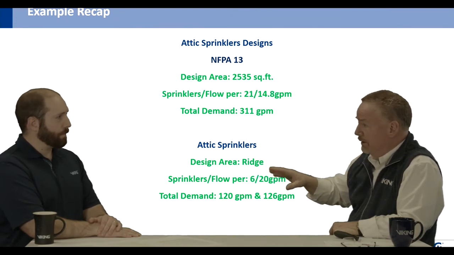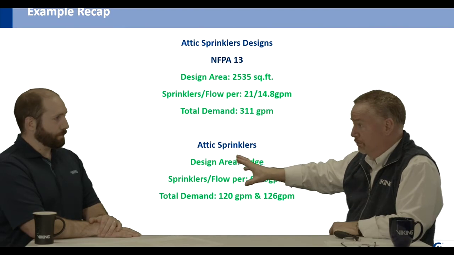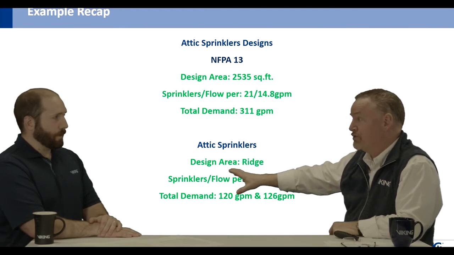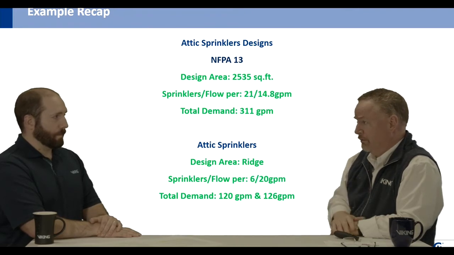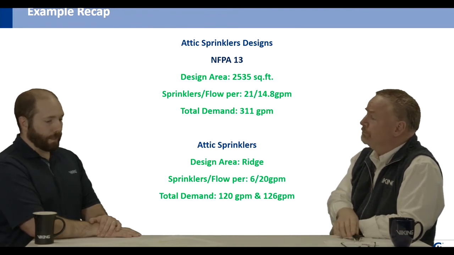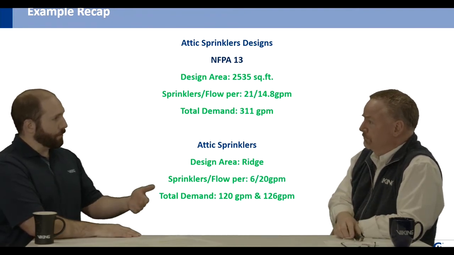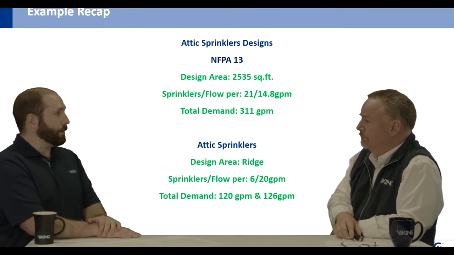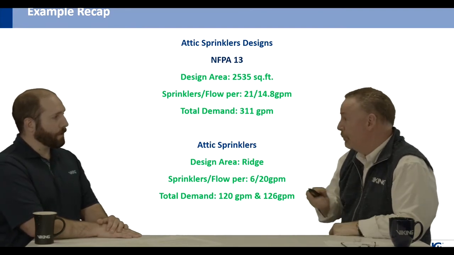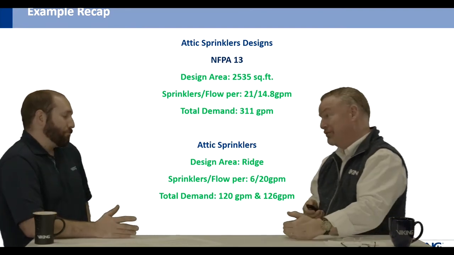You're required then to put something on the other side of that obstruction. And it could be a standard spray, but it could also be the attic upright, absolutely. And you would have to, of course, look at the data sheet and include those additional sprinklers around obstructions in the hydraulic calculation. Good point. If you've got sprinklers out there, you do have to account for them.